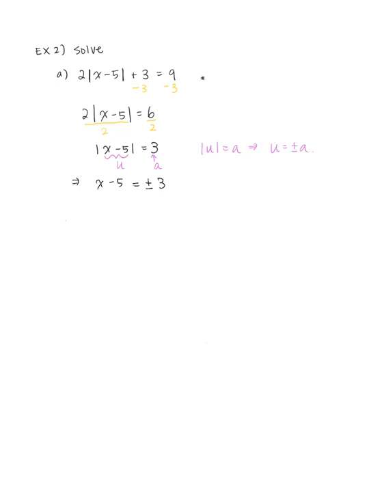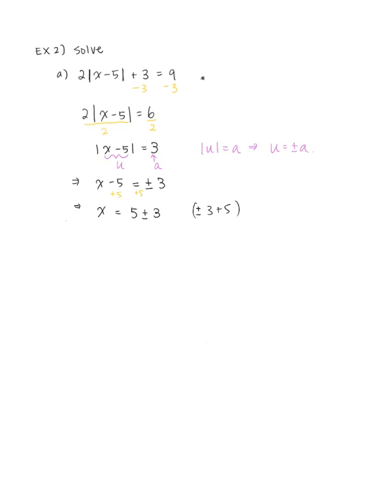All right, so now I think we can solve for x. I need to add 5 to both sides. Here we're going to get x equals 5 plus or minus 3. It doesn't matter if you put the 5 in front of the plus or minus 3 or after; it'll give you the exact same answer.